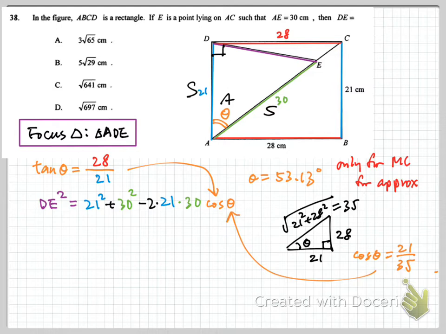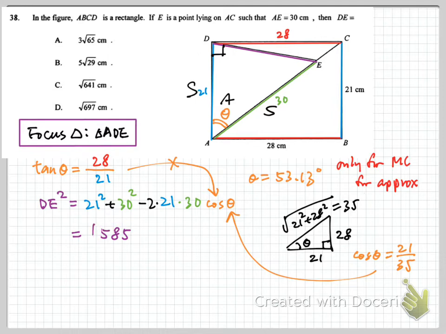So you can use this answer for the cosine theta here instead of using tangent theta. Okay. So if you put all these numbers into the equation, we have DE will be the square root of 585. Now mind you, let me remind you again, you have to put back the DE here.